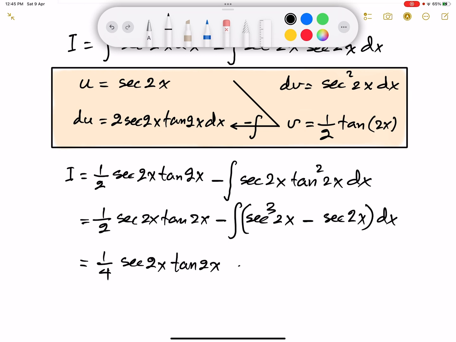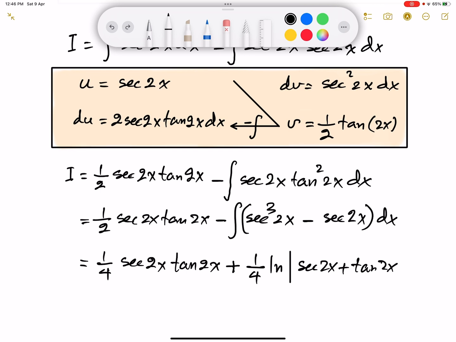And this is going to give us plus sign here, and of course don't forget the 1/2. Also the secant integral is going to give us the natural logarithm of secant 2x plus tangent 2x divided by 2, and we have half, so that's going to give us also 1/4 the natural logarithm of secant twice x plus tangent twice x.